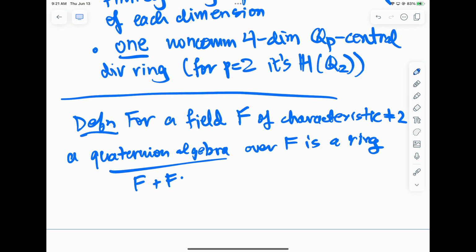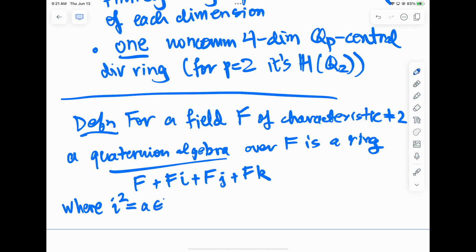I'll use the same notation Hamilton did, although it might look kind of funny when I show you the multiplication rules. Here i squared, call that a, is a non-zero number in F. j squared, I'll call that b, is another non-zero number in F. They may be the same number. And k equals ij equals minus ji.